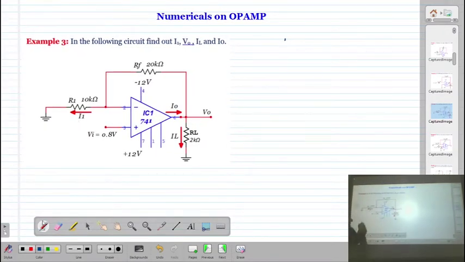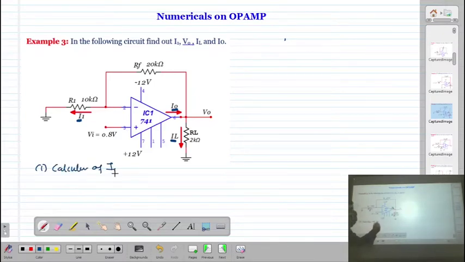You have to find out the value of the current I1 as well as the load current IL and the output current IO. Correct? The same way, first of all we will calculate I1.